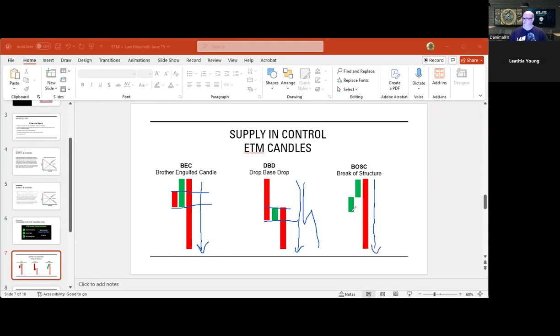And then we, of course, have our break of structure candlesticks, which again shows direction down. It engulfs two bullish candlesticks, which is why it breaks structure. So you have a bullish trend going up, and then it does a turnaround. It peaks out, hits basically a higher high, and then it continues to move down.